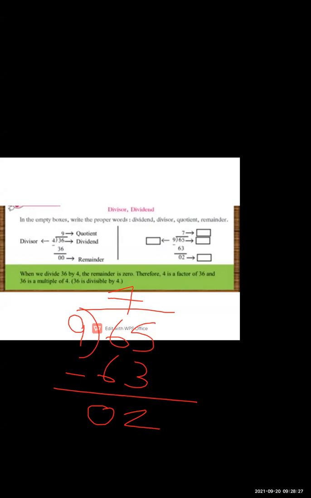Okay, very good. 9 is the divisor. And a dividend, which number is a dividend? Very good.